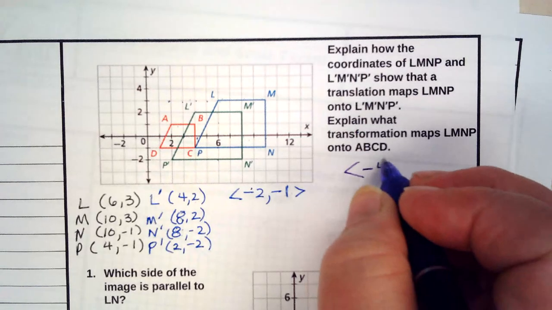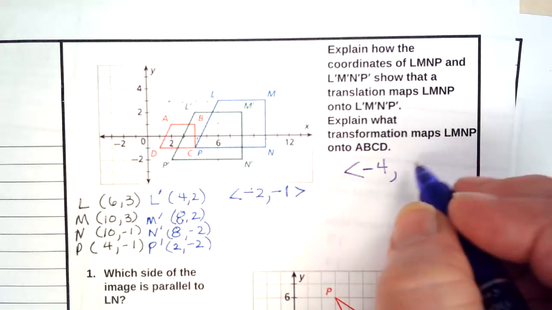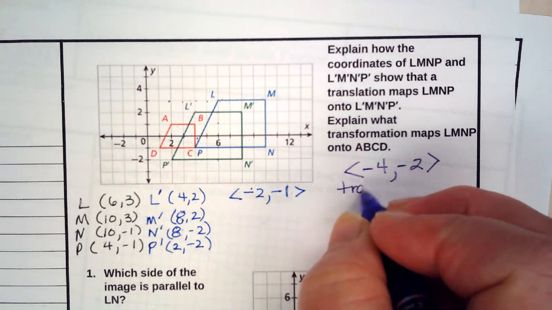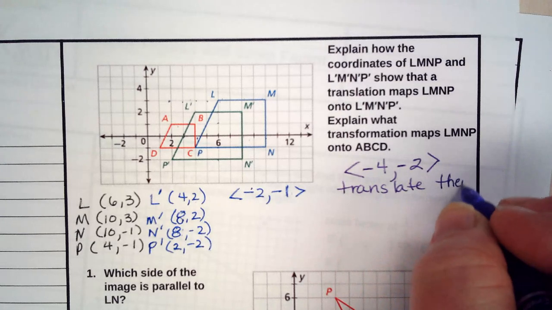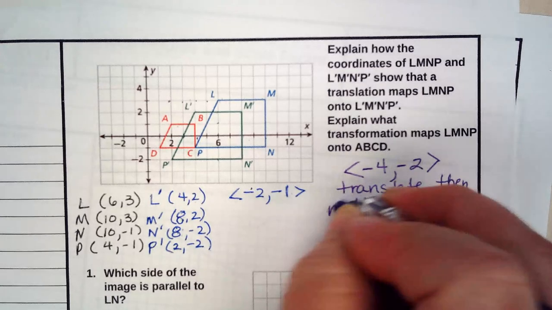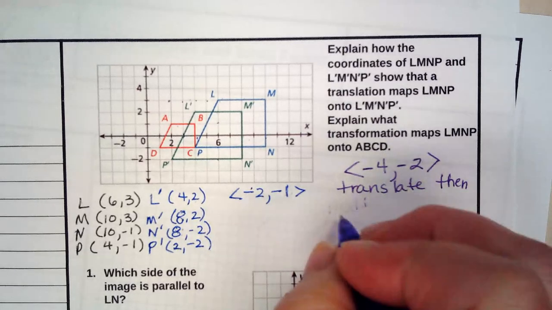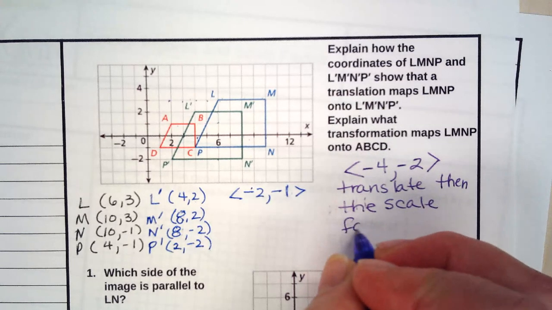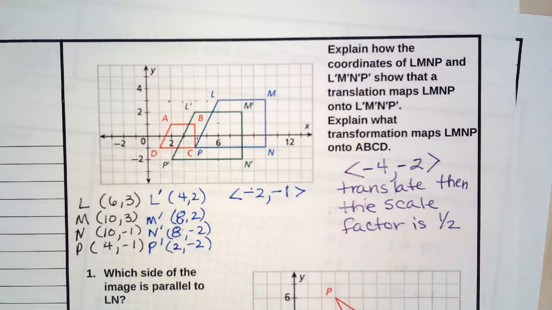So it's negative 4. And then I go down 1, 2, negative 2. That's your translation. Then the scale factor, I'll just say scale factor because that's what I should be using. Then the scale factor is 1/2 because the picture is 1/2 as big.